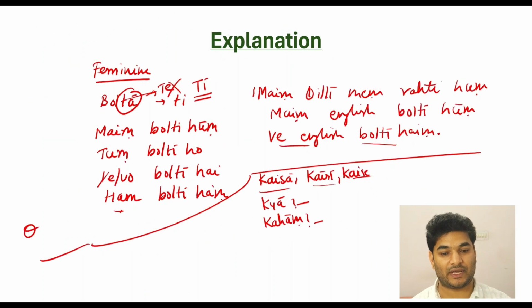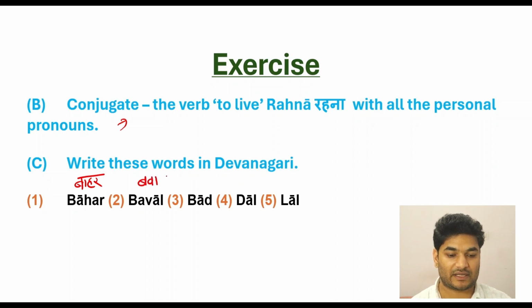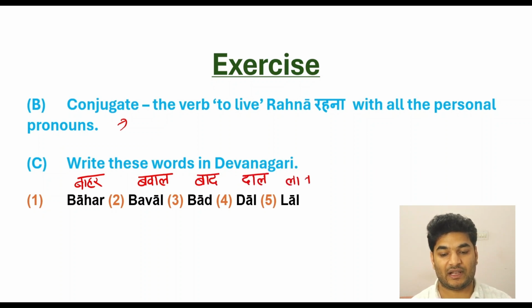You can pause the video here and conjugate रहना with all the personal pronouns मैं, तुम, ये, वो, आप, हम, वे, ये. Right? And you have to write these words in Devanagari. Take your notebook out and practice writing these words. I will give the pronunciation of these words. Write them while pronouncing. Okay, that will help you remember.